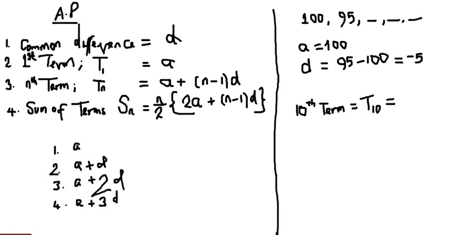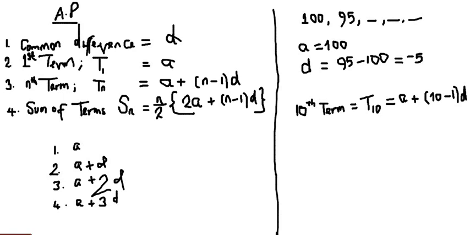We simply get the formula for the nth term, A plus n minus 1 D, where the n represents 10, because we're finding the 10th term.